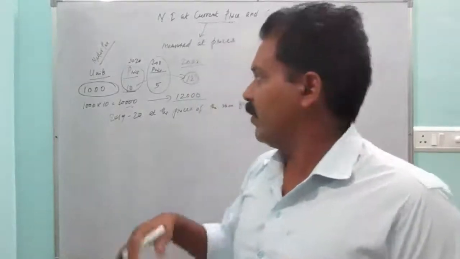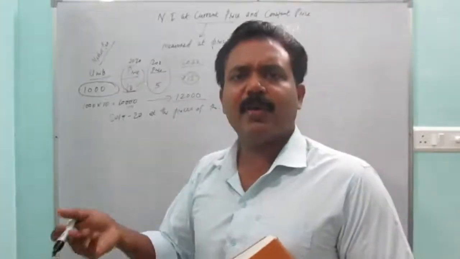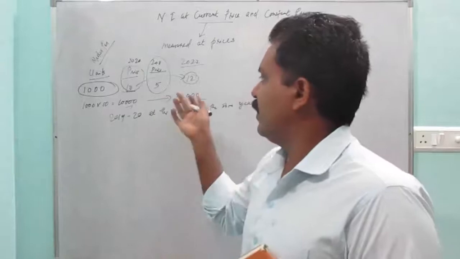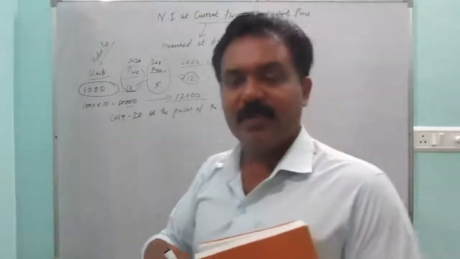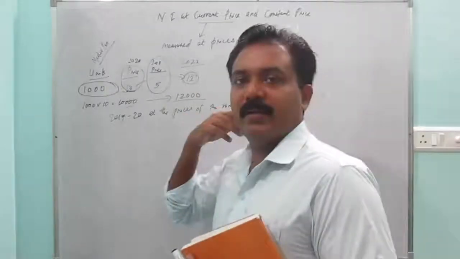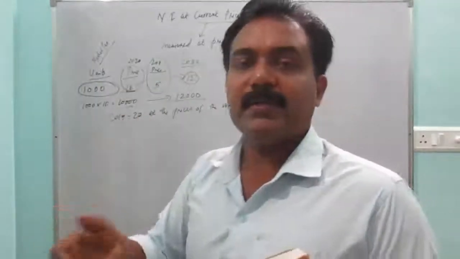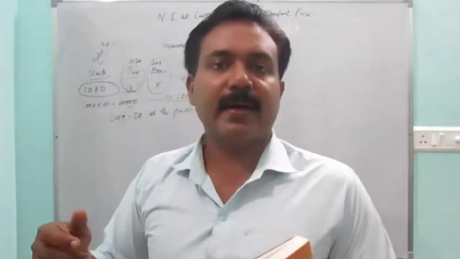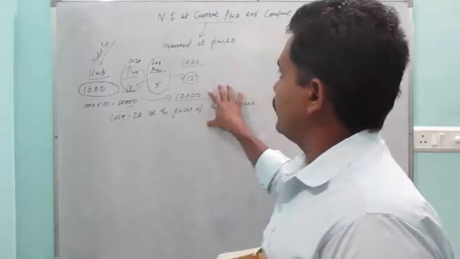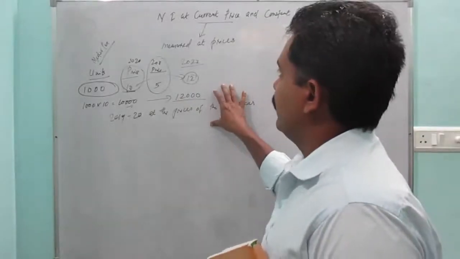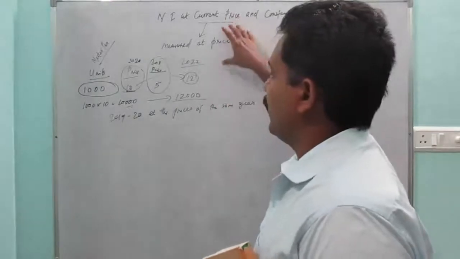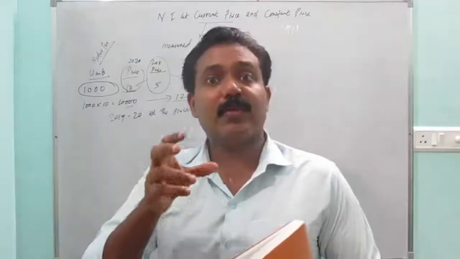Intermediate consumption might be the same, or maybe a little increase. So whenever value added comes, again the figure will be much higher. Price rise came, and nowadays commodity prices are going very high. So if you are calculating national income at current price, it may not show the true picture of the development of the country.